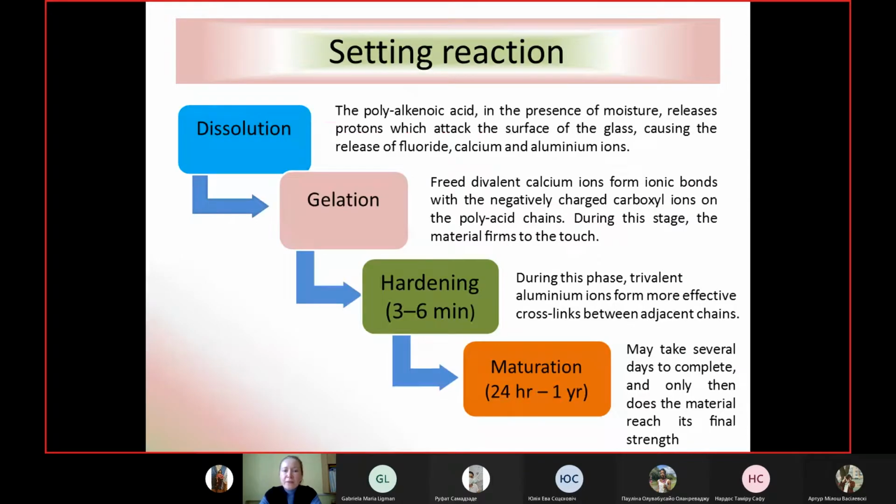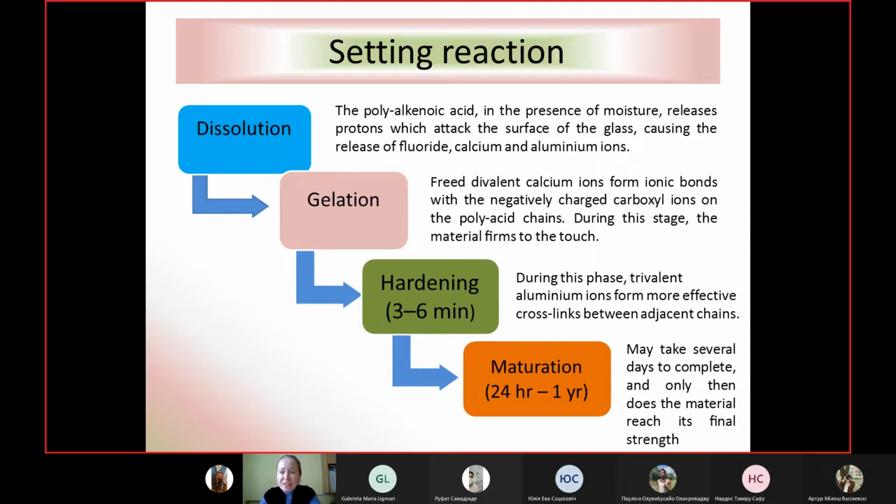The setting reaction actually has a few stages. Everything starts from the dissolution stage. On this stage, the polyalkenoic acid in the presence of moisture releases protons which attack the surface of the glass, causing the release of fluoride. Gelation stage: free divalent calcium ions form ionic bonds with the negatively charged carboxyl ions on the polyacid chains.